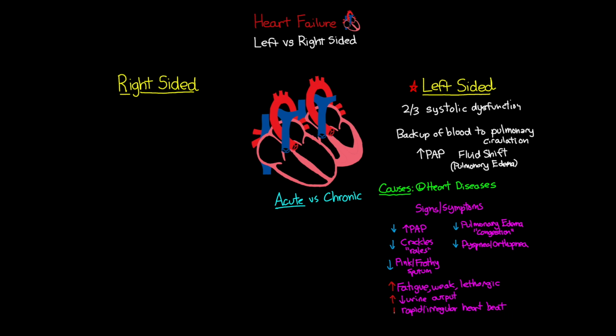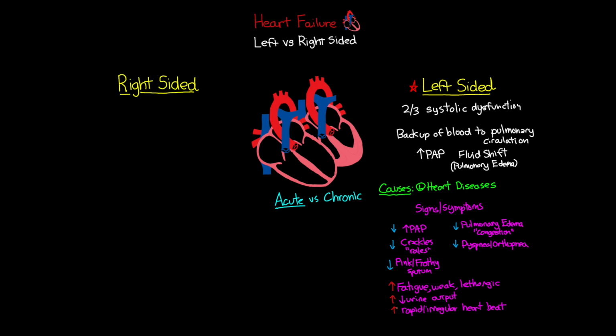Once again, since that blood is not moving forward, the body's going to attempt to compensate again by increasing our stroke volume, and one of the ways to do that is it can increase the heart rate, leading to this rapid heart rate, which can sometimes also manifest itself in an irregular heartbeat. And so, like I said, when we look at these symptoms, you have to really think about two things.